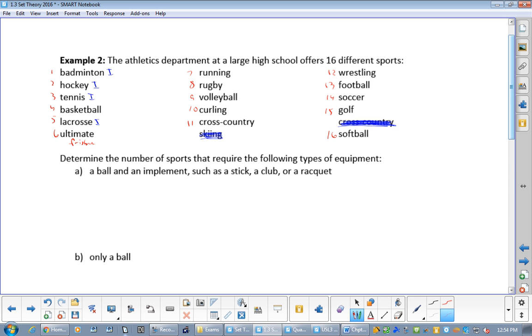Ultimate frisbee for those people that are. Okay, running, no. Rugby, no implement. Volleyball, no. Curling, yeah. Cross country, no. Wrestling doesn't take anything. Football, no. Soccer, no. Golf, definitely. And softball is your bat. Curling, broom.